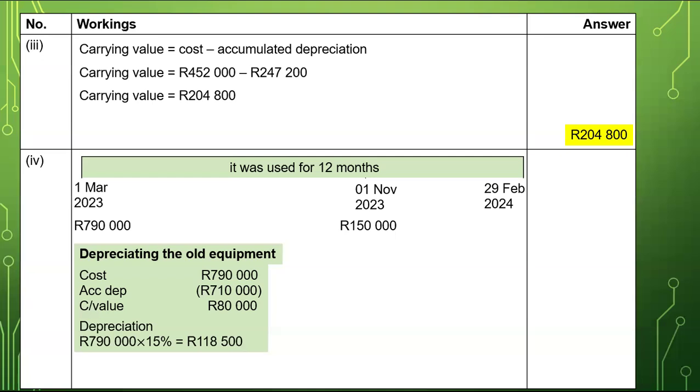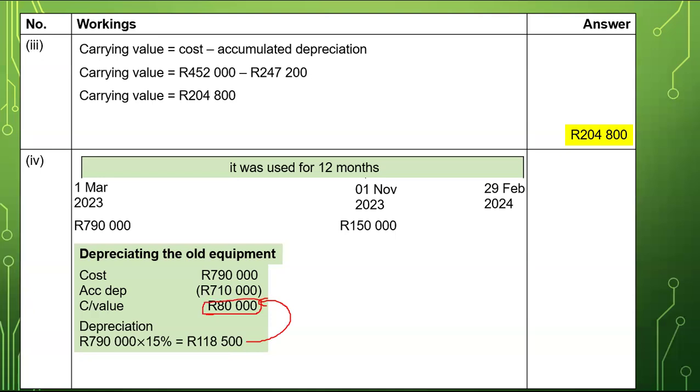Now you will start comparing. Current year depreciation cannot exceed carrying value at the beginning of the year. And here it does. If it does, you limit it to carrying value at the beginning of the year minus 1.